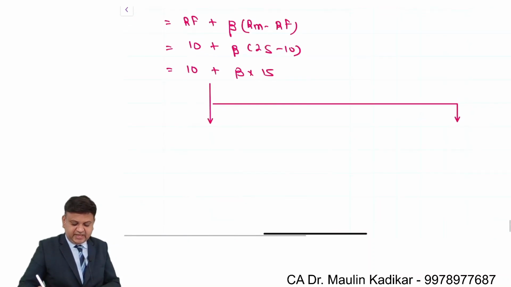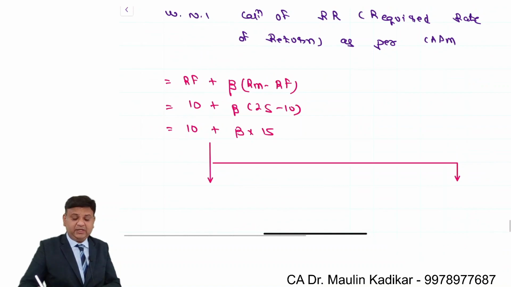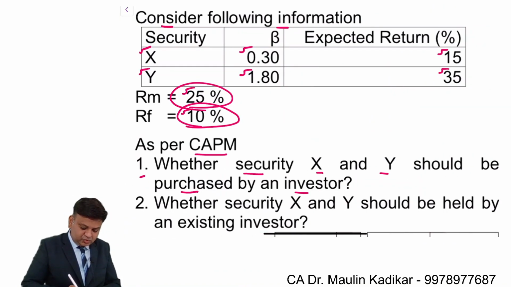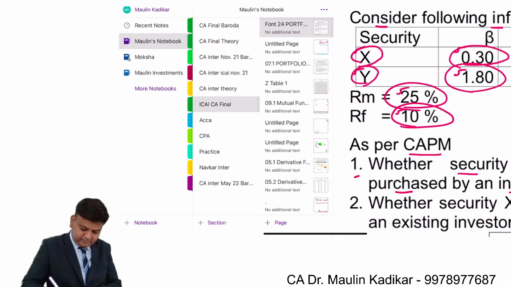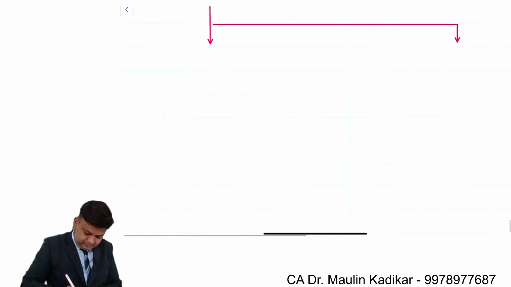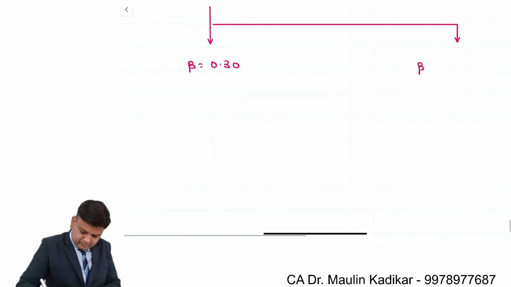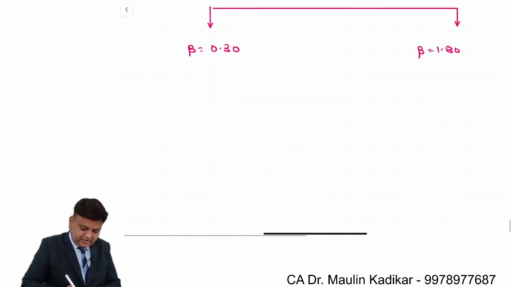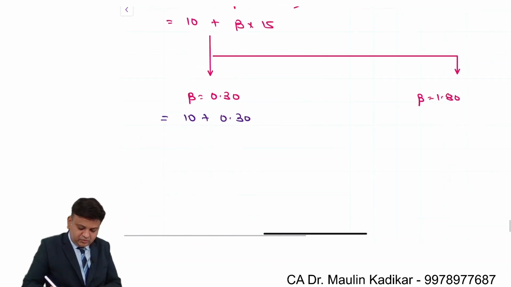We understand that as per the given information, there are two securities X and Y having beta 0.3 and 1.8. So what will happen? It is 10 plus 0.3 into 15.